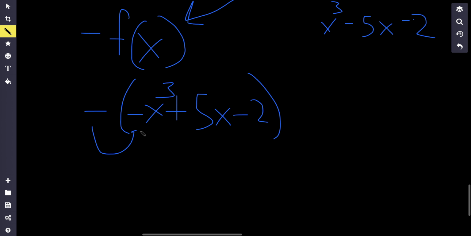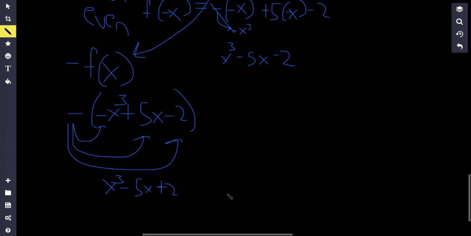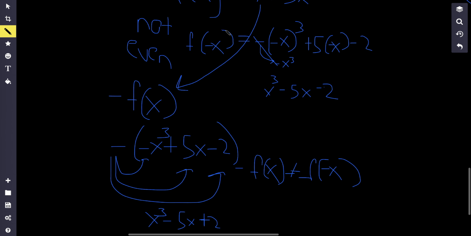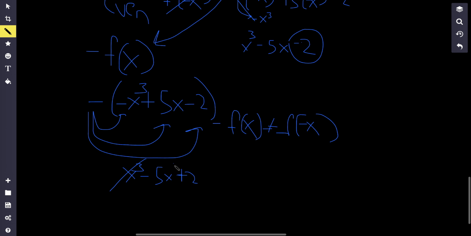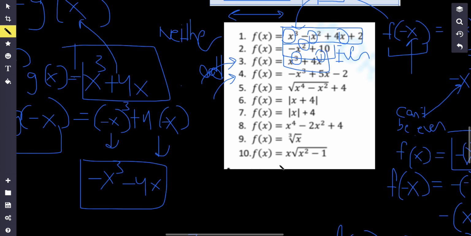So negative, let's distribute all of this. This makes positive. Negative 5x plus 2. And what you'll notice is that negative f of x is not equal to f of negative x. Right? These two things are not equal to each other. This one's minus 2, this one is plus 2. Therefore, this function is neither even nor odd.